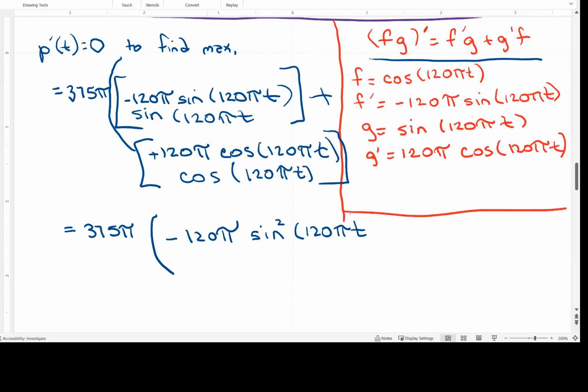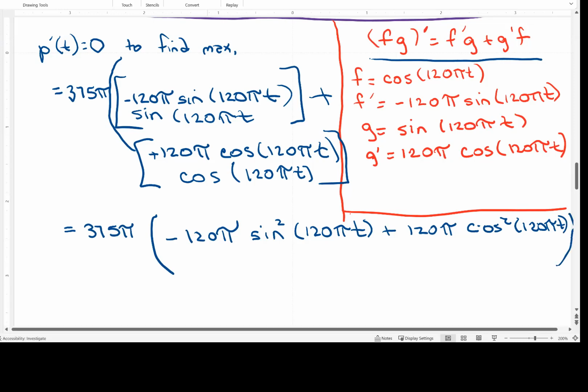And then I have plus 120 pi times the cosine squared of 120 pi t.